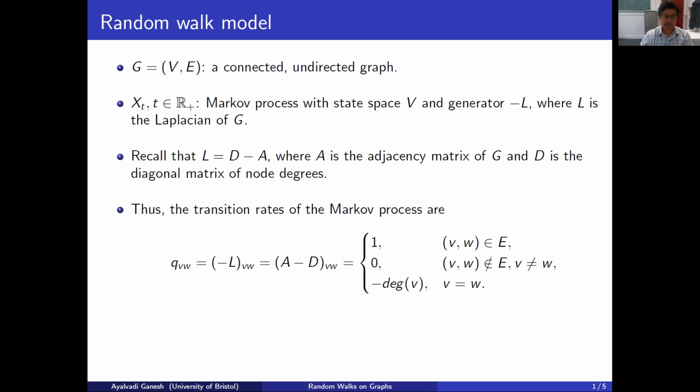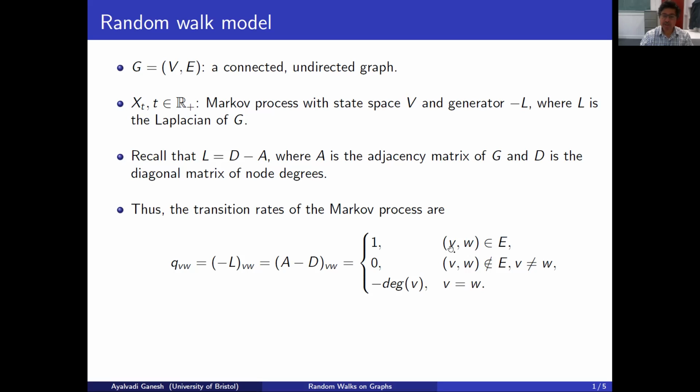So this is the rate matrix. And let's check that it is a valid rate matrix first. For that, two things have to be true. The off-diagonal elements have to be non-negative, and that's true. And also, all the row sums have to be 0. You can check that the row sum is 0 because the v diagonal element is minus the degree, and the row sum is the number of ones along the row.